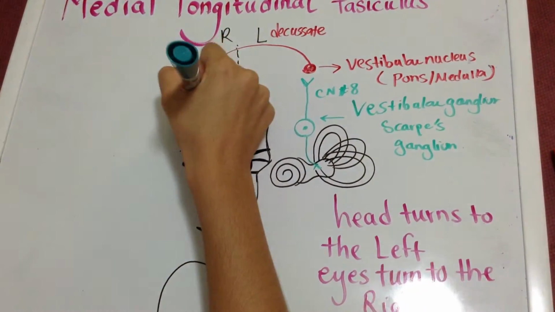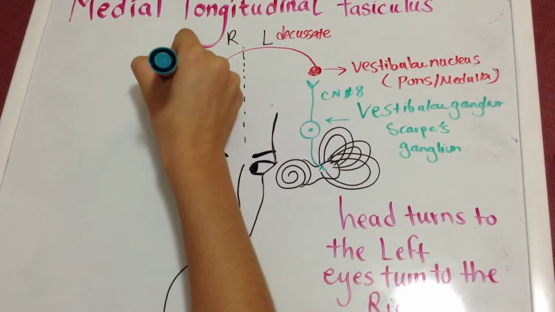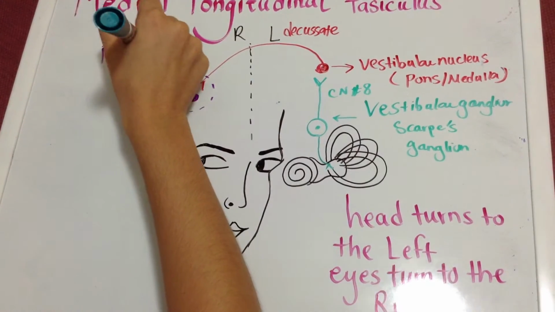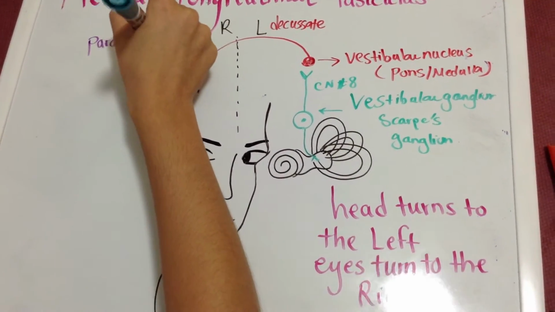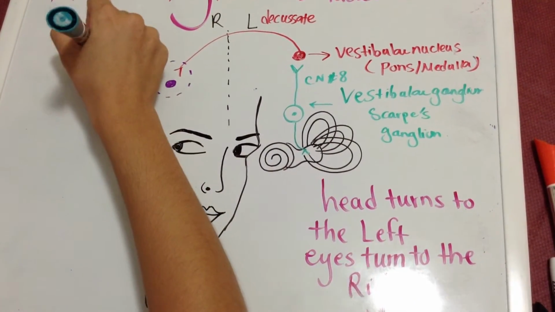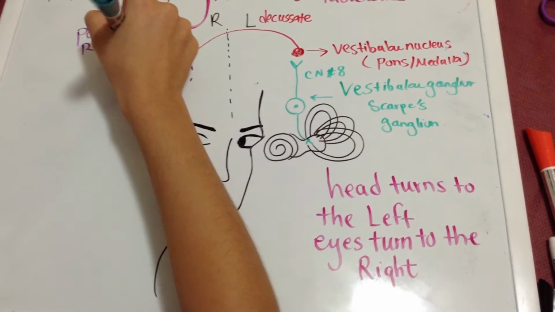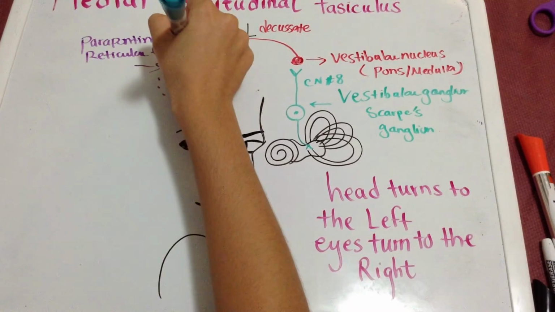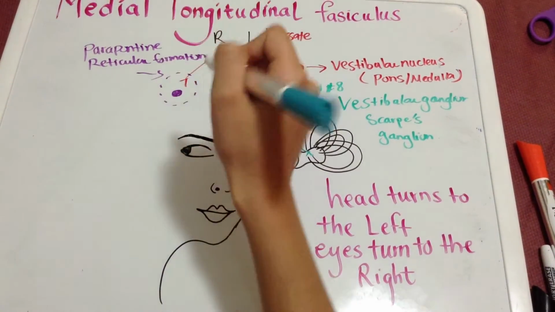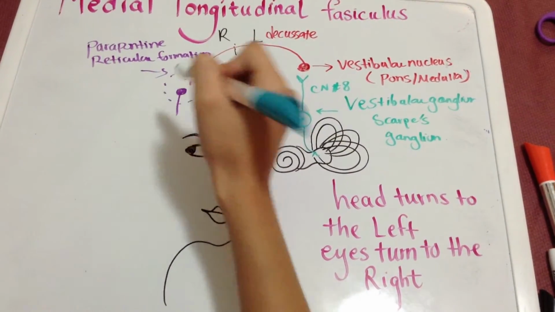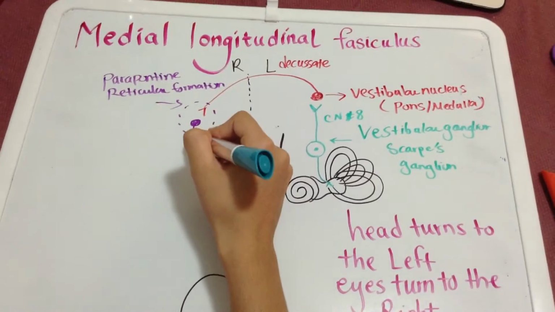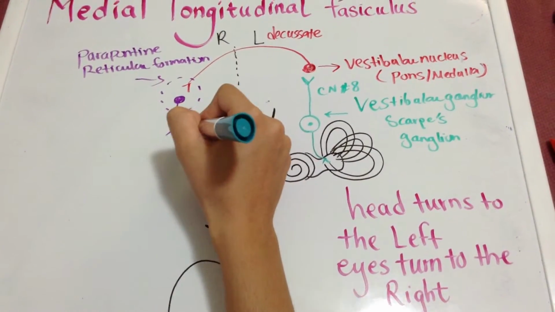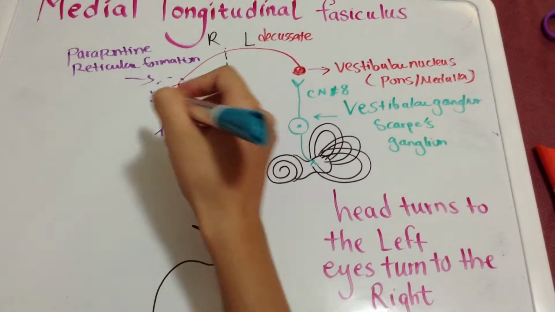So here you have the parapontine reticular formation, which will send its signal via its axon, and its axon will bifurcate and synapse with two different nuclei at this level.